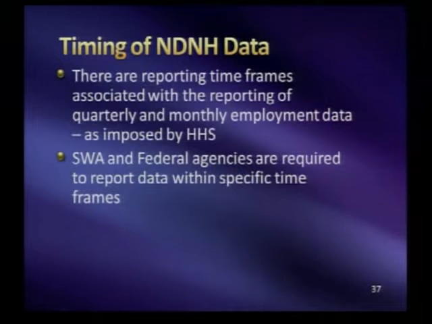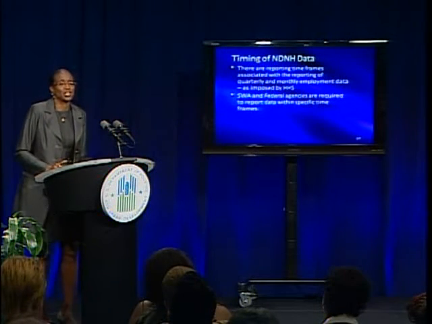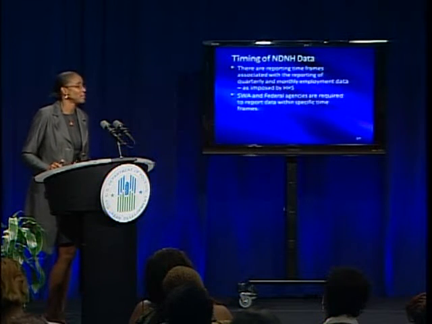Okay. Now remember when we first started doing EIV, I said, please understand HUD has no control over the age of the wage data. And folks are like, well, that wage data is 6 months old. What am I supposed to do with that? Well, the intent is to keep you informed of information that is earned by the family or unemployment compensation that is received by the family.